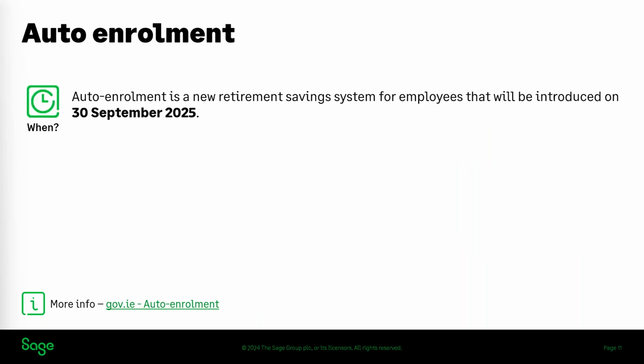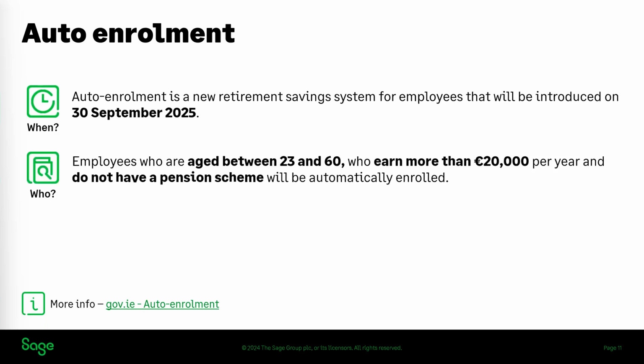And finally, in what's new, we've got auto-enrollment. This is a new retirement savings system for employees that will be introduced on the 30th of September 2025. Employees who are aged between 23 and 60, earn more than €20,000 per year and do not currently have a pension scheme will be automatically enrolled.